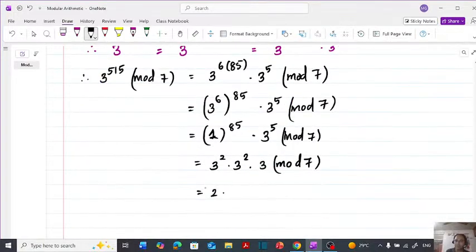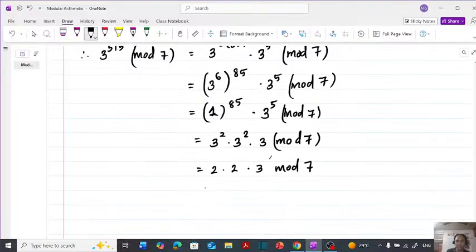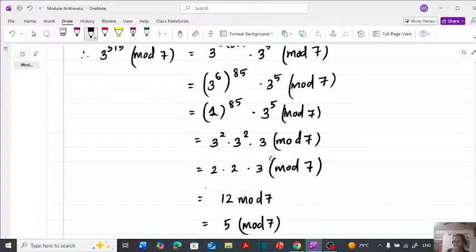So this is 2 and 2, and 3 is behaving like 3 itself. So now this is easy to collapse. So 4 3s are 12, and the final answer is 12 into 3, that is 12 mod 7, which is basically 5 mod 7 is your answer.